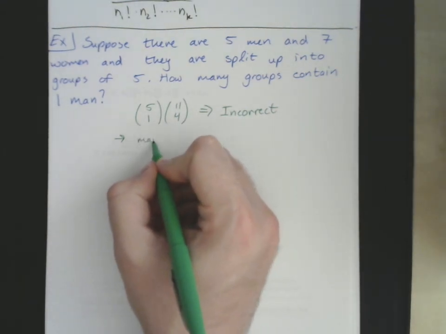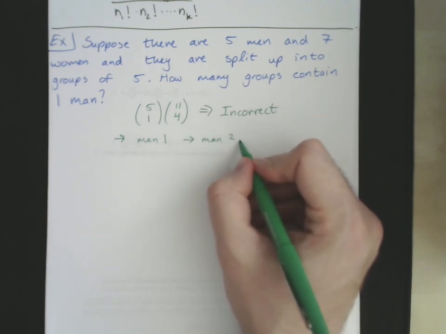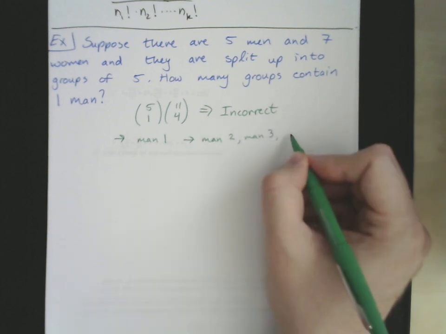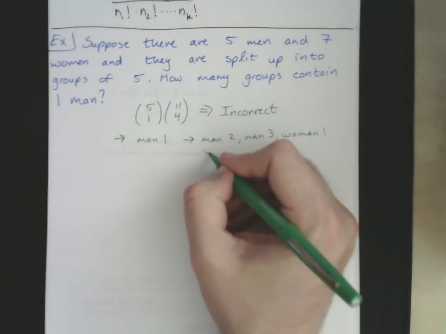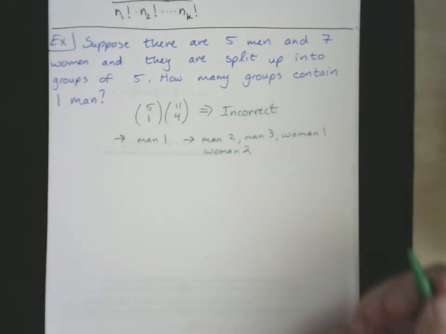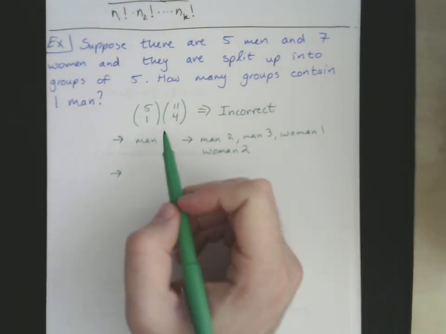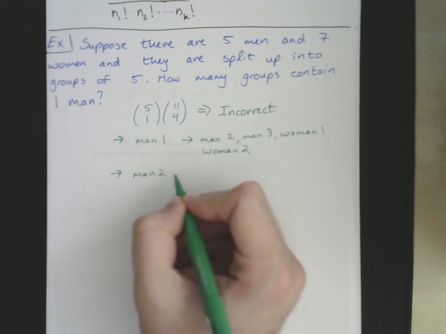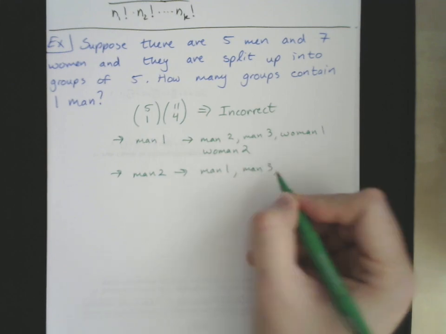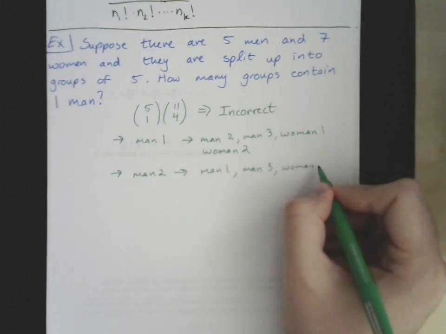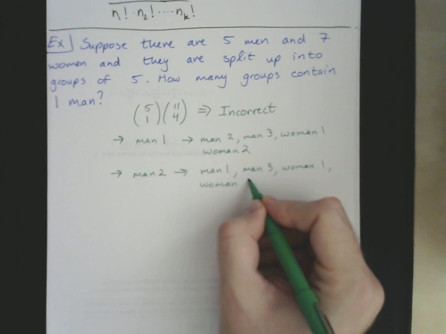Let's say man 1 is chosen, and then the other 4 people are man 2, man 3, woman 1, and woman 2. Well, another selection could be man 2, and then man 1, man 3, woman 1, and woman 2.